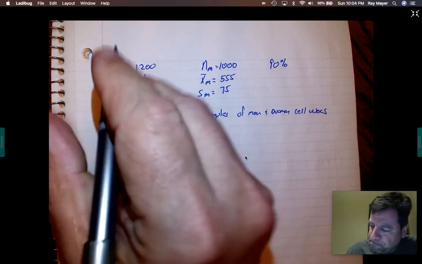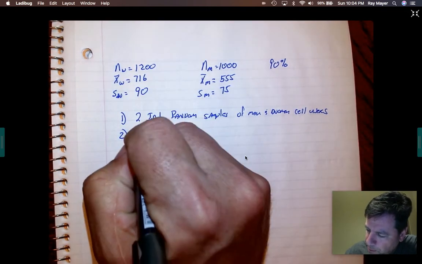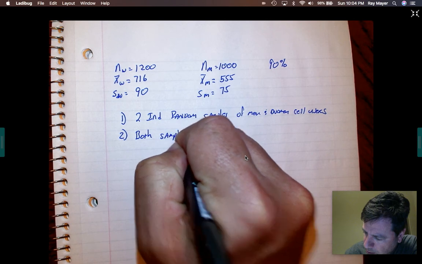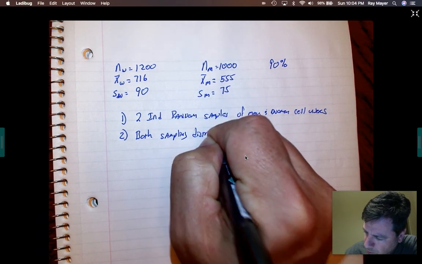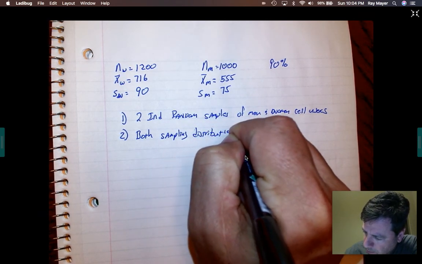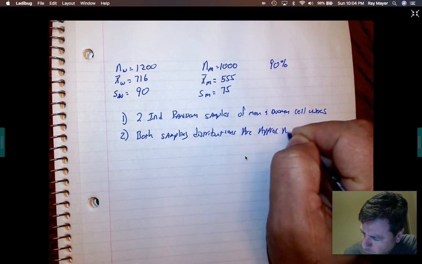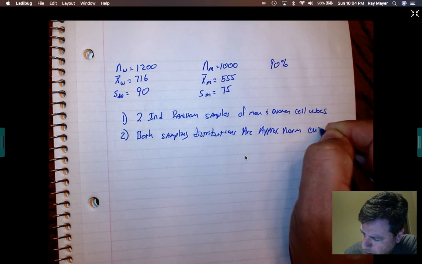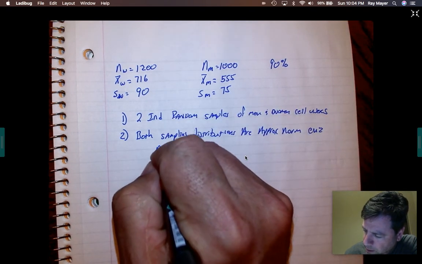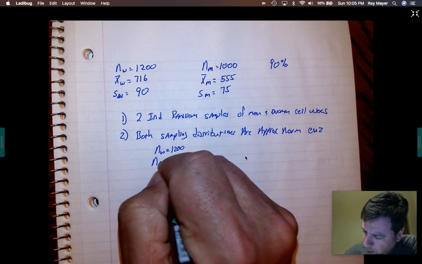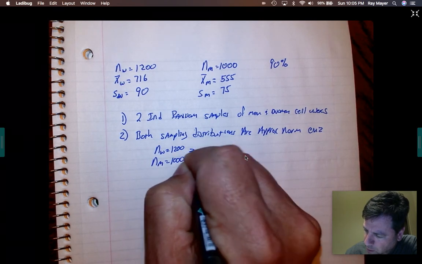All right. Second condition, both sampling distributions are approximately normal because N sub W is 1200, N sub male is 1000, both greater than or equal to 30.